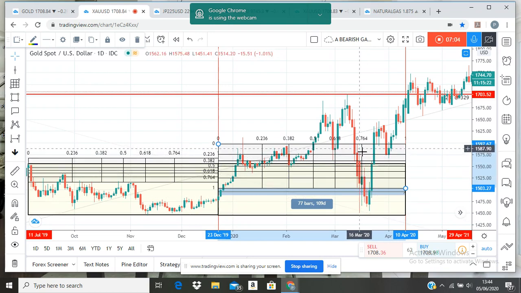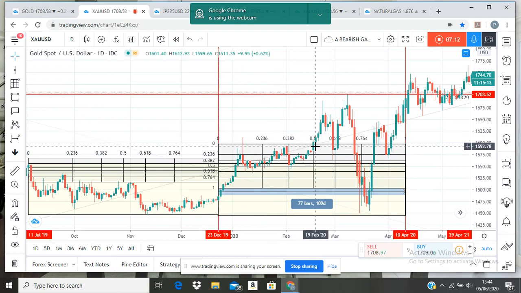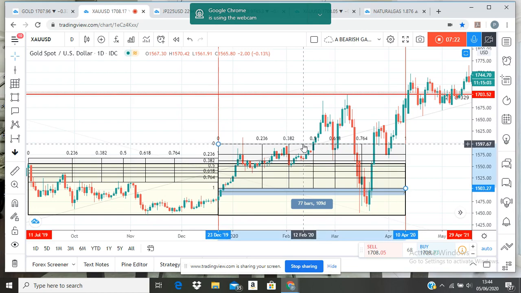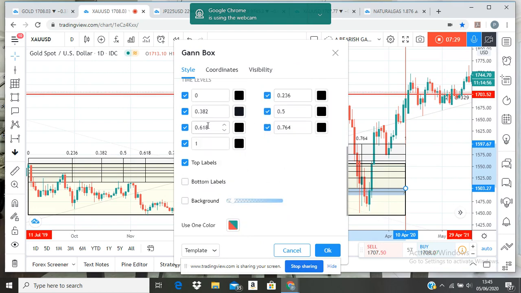And then here also we can see the 0.786, 0.764 is here. As I said the last time, we can change these ratios, because sometimes the swings will occur on different ratios like the 0.667. So let's check for the 0.667 in this square. We already have the 0.618 there, so let's check for 0.667.